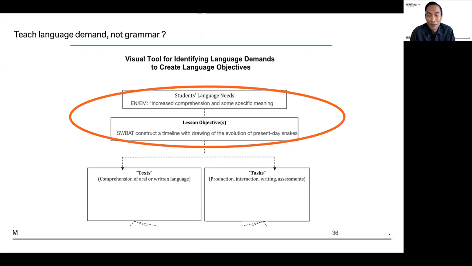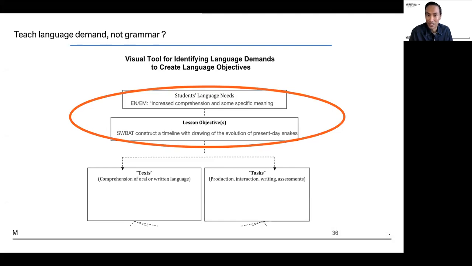This is part of a longer, this is just the top part. It's a graphic organizer for teachers in order for you to think about creating language objectives. You start with the language that they need. So here, increased comprehension and some specific meaning at the beginning level. Let's start with that.